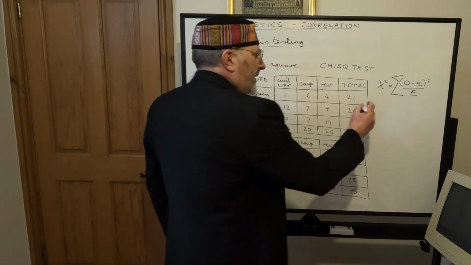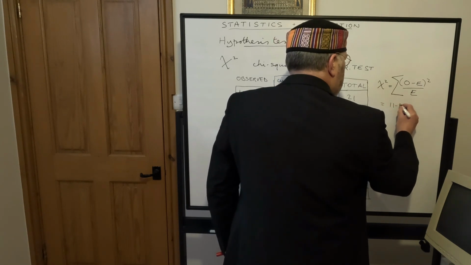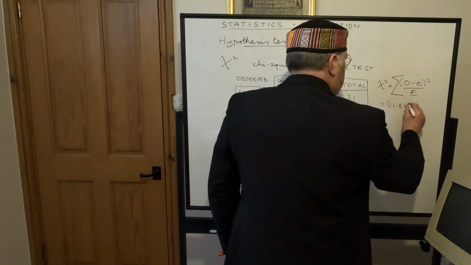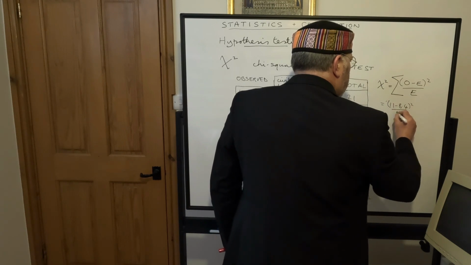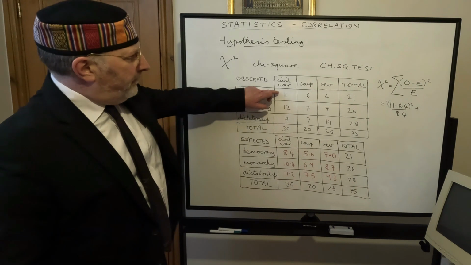So it's going to be 11 minus 8.4, squared, divided by 8.4. That's that one.